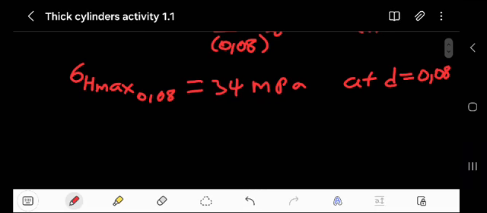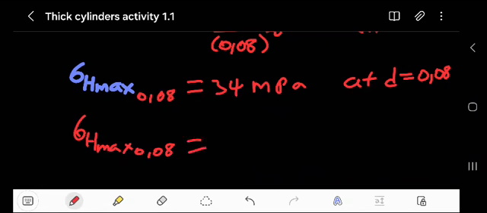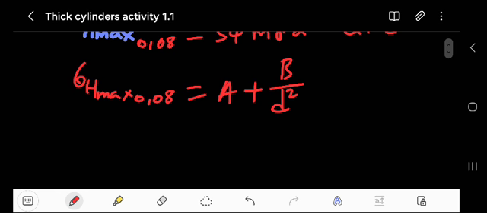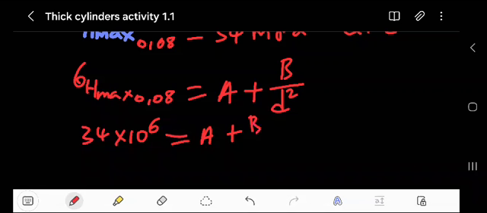So what is the formula for this? We know the hoop stress does not change. The formula for hoop stress is A plus B over D squared. We know this is 34 times 10 to the power of 6. We don't know A, we don't know B. The diameter is 0.08.